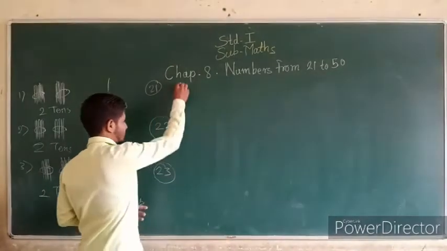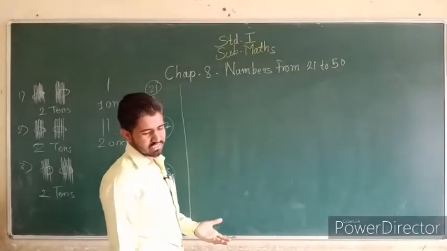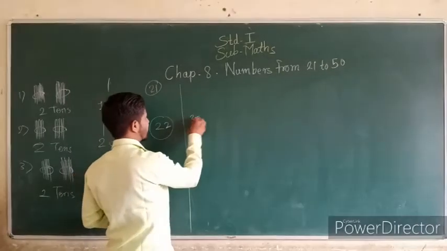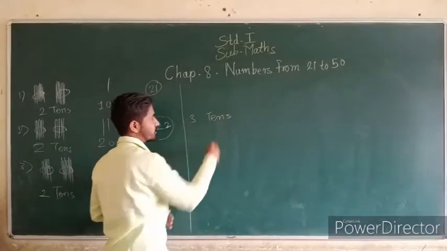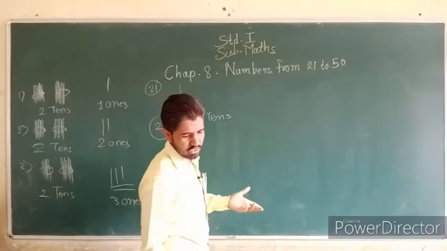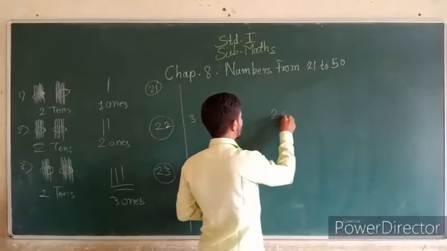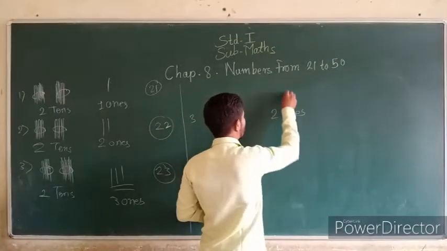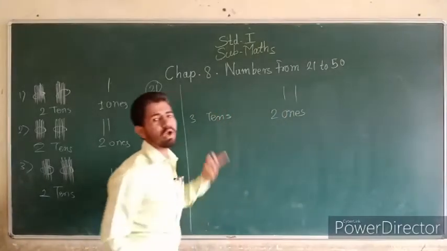For example, in this example the sticks are not given. 3 tens and 2 ones. The 2 ones are given but not the 3 tens. So what do we have to do here?